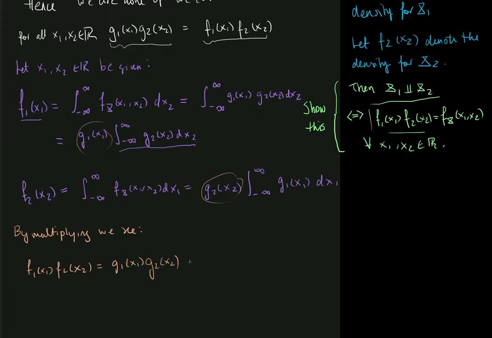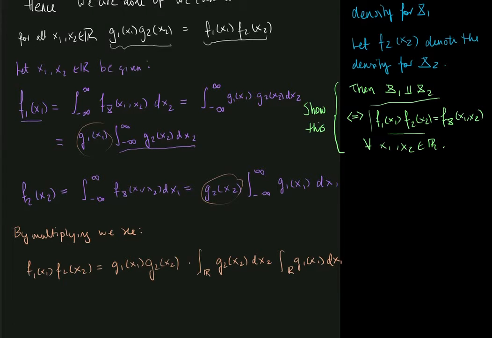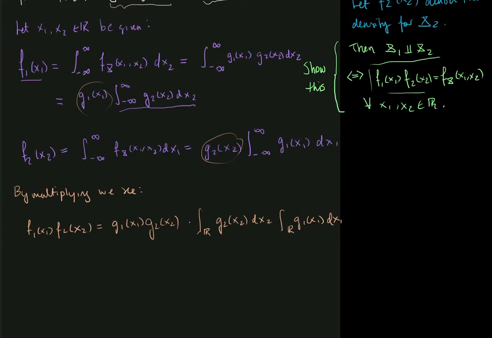So then we also multiply the integral from minus infinity to infinity. I get really tired of writing the infinity sign, so I'll just write R for the real axis. That just means the same as integrating from minus infinity to infinity. So the integral of g2 of x2 with respect to x2 multiplied by the integral of g1 of x1 with respect to x1.